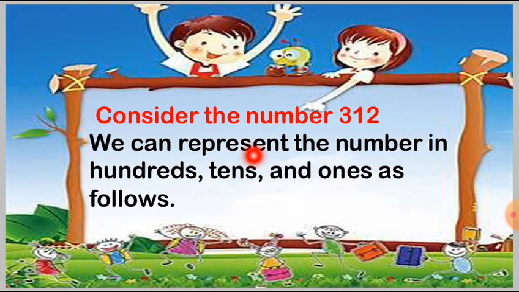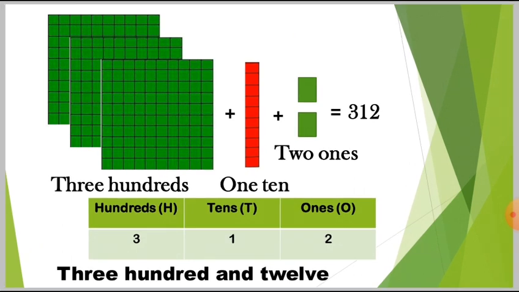So children, first you consider the number 312. How to read this number? 312. So, we can represent the number in hundreds, tens and ones as follows. Look, here this number 312 we can represent as 300s.